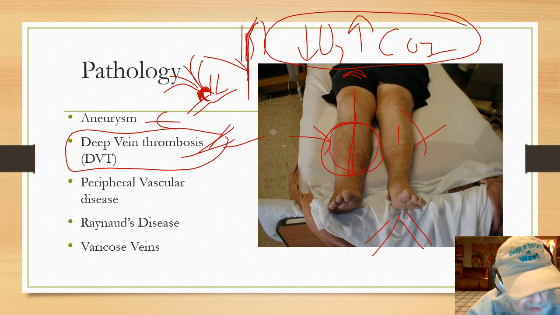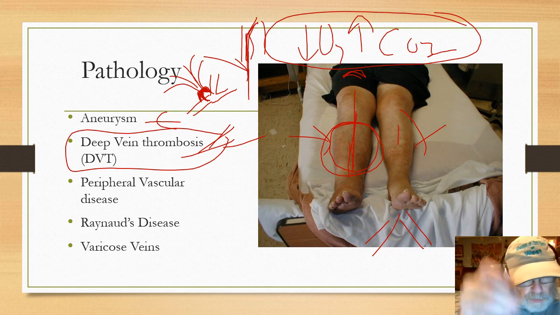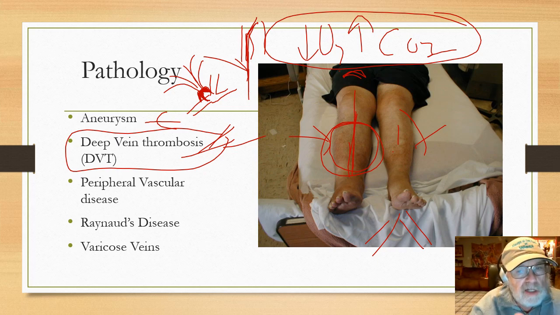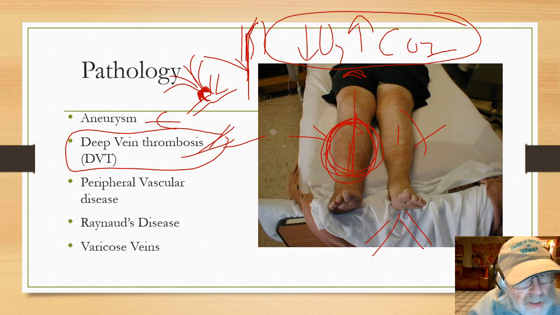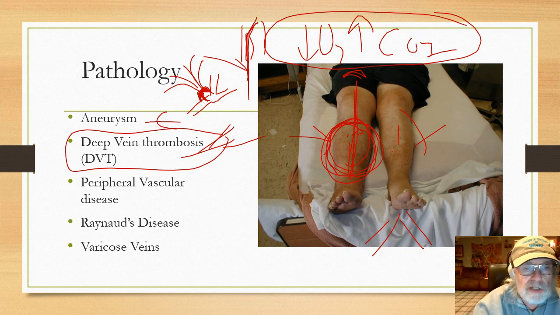Muscle contraction moves it upwards, and those valves prevent it from coming back down, but he's sitting there, and the blood's not being squeezed out of the legs. All the blood coagulated in his calf, and then all of a sudden one of those big clots in the calf veins broke loose, went up to his lung, and caused his death. He was in the middle of the desert, and before they could get him medical care, he died. That's called a pulmonary embolus, PE.